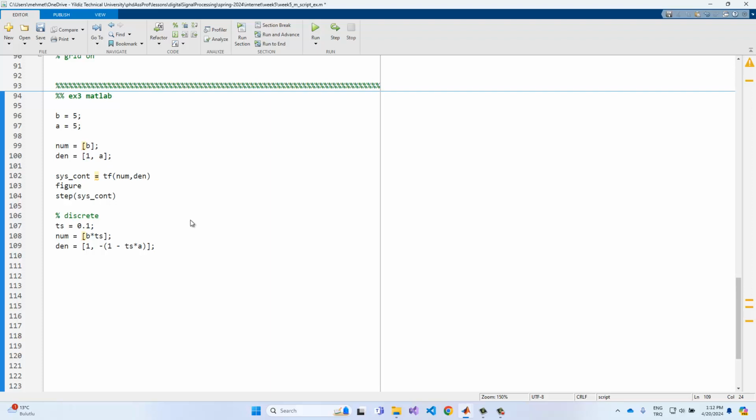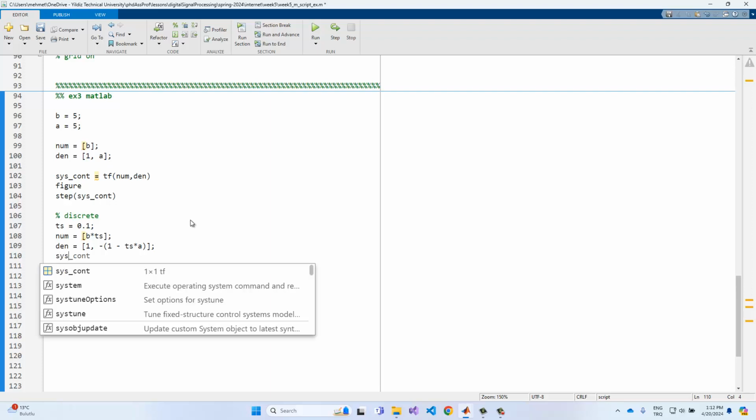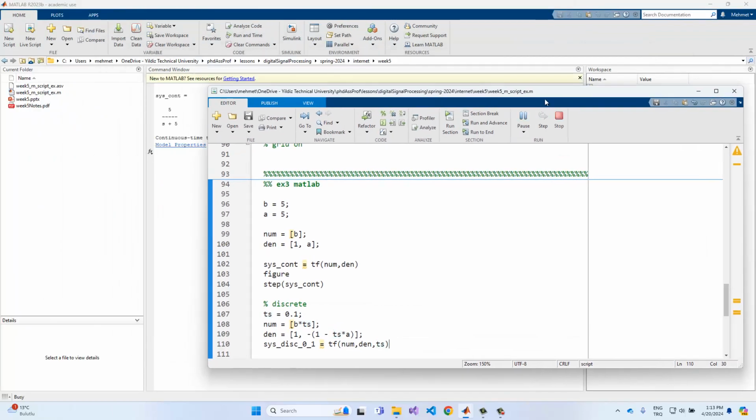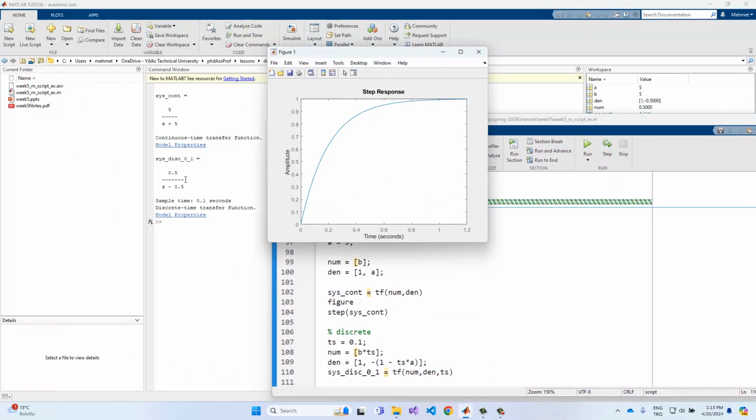Okay, these are the discrete time transfer function for the given 5 divided by s plus 5. So this dis 0 1 can be given with the tf, num, den and ts. These are the z transfer function based on the 0.1 second sampling period.